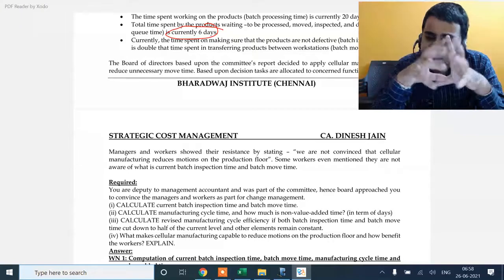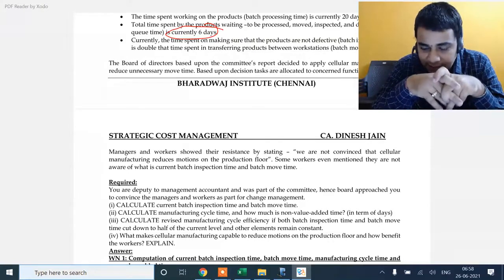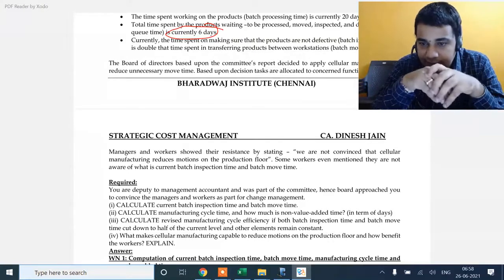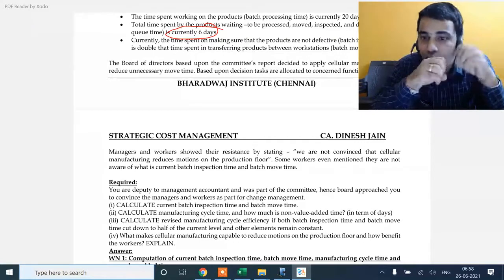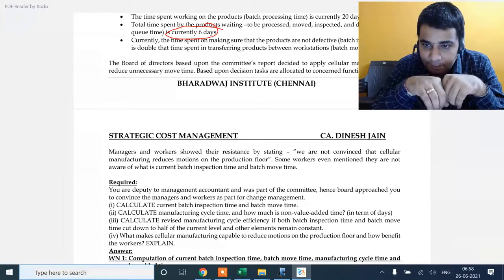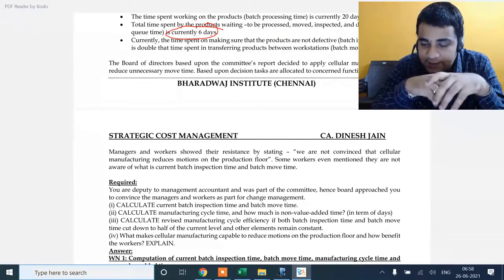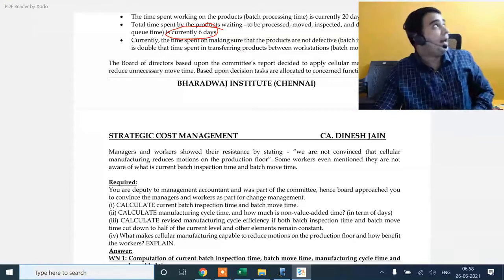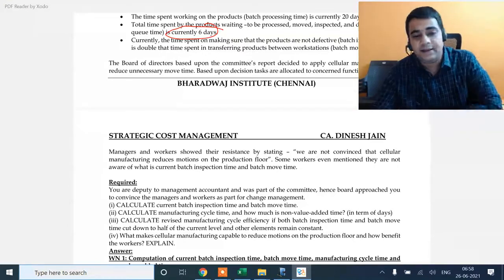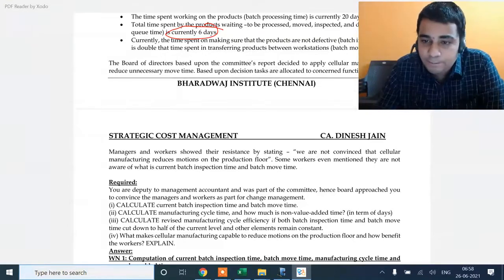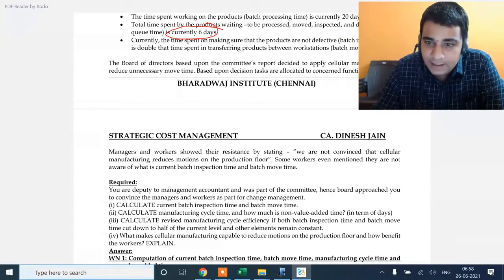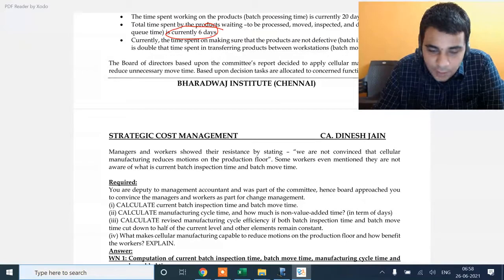So it's extremely critical for an organization to convince their employees and take them on board for whatever exercise you are trying to do, saying that this is something good for you as well.